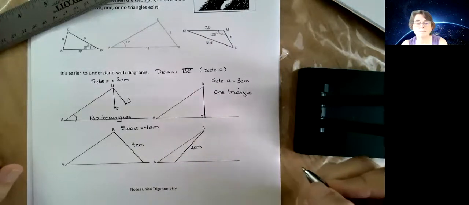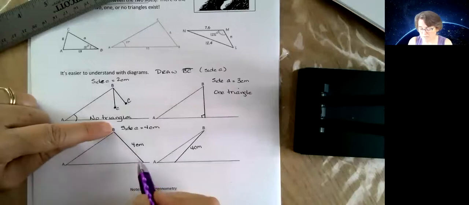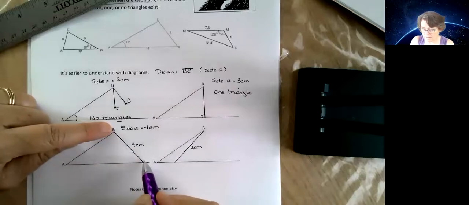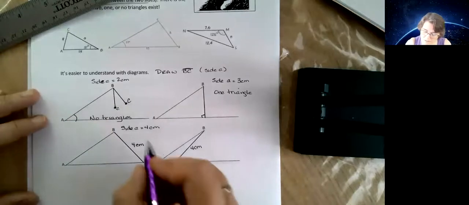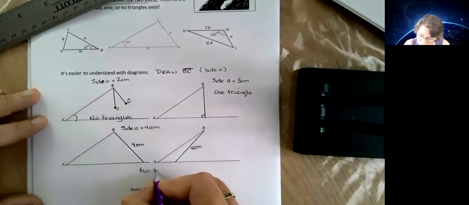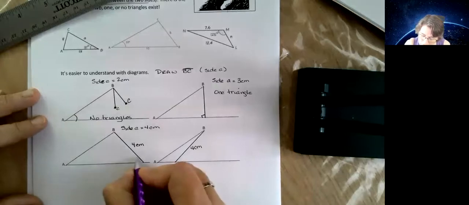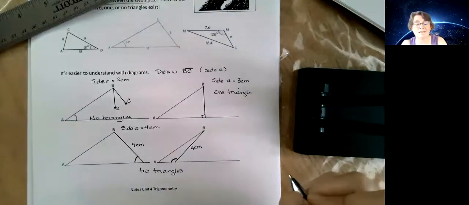Usually when I teach this in class, I give students a compass, and you open it to 4 centimeters, and then you draw an arc, and it cuts there, and it cuts back there. You can see at 4 centimeters, you get two triangles. And then this angle and that angle are going to be supplementary to one another. All right, and that is the end of the video.